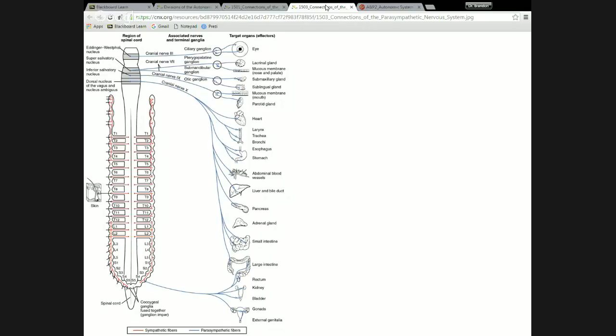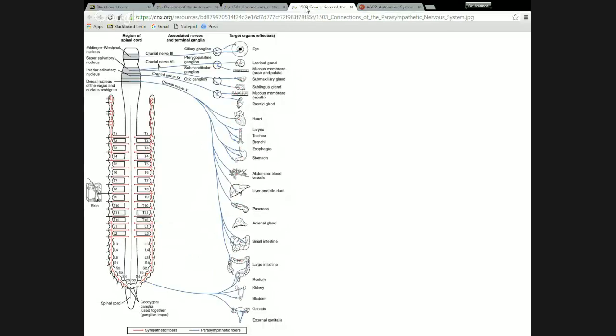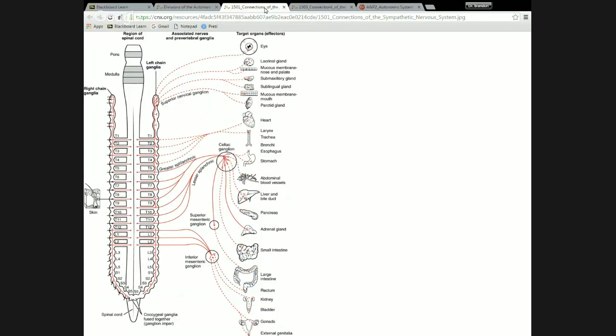So that's the layout, the anatomy of the system for the two divisions. Okay, two separate pictures. There is a little overlap in what they're showing, like the sweat glands in both pictures. But remember, the sweat glands are really only controlled by the sympathetic system, which is why they're on this side of the picture.